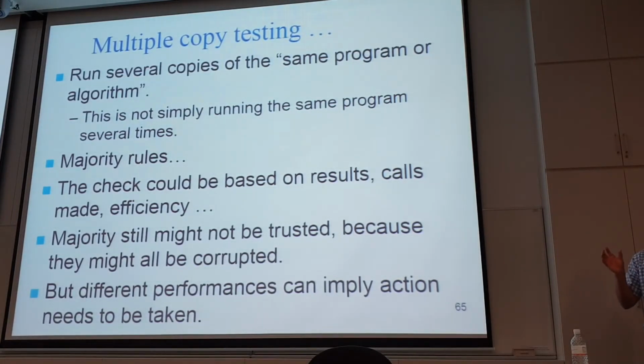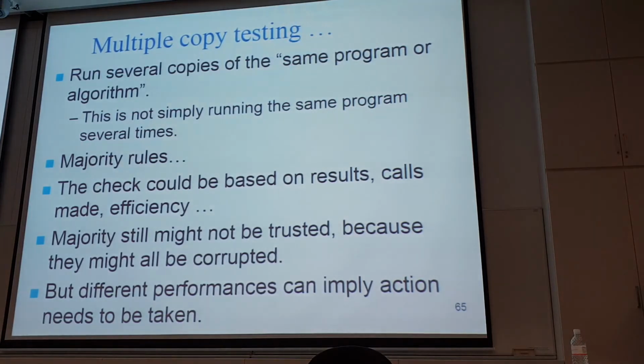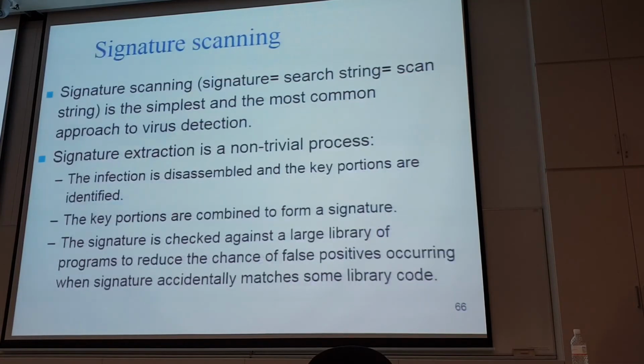You can also compare, for example, the running time and the resources required, such as the memory size and the stack size. If all the programs have consistent behavior and output, then there is no infection. But if one of them deviates from the other copies, then maybe the one that is different is infected, or maybe the rest of the programs are infected. So if something is different, then you can detect it.